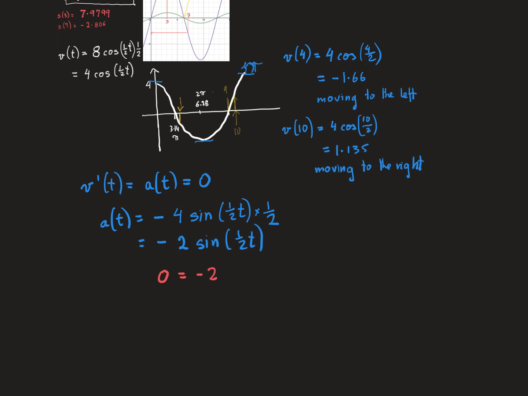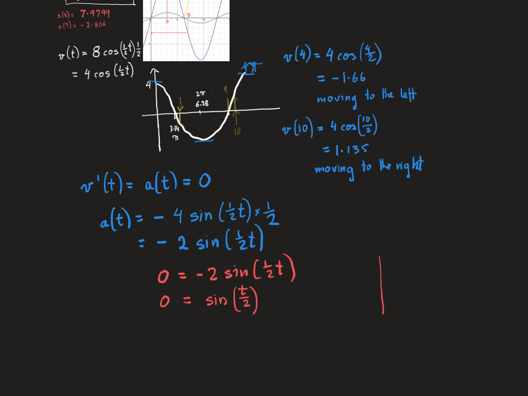So minus 2 sine half t, which really can be just put down as sine of t over 2. So when is sine equal to 0?